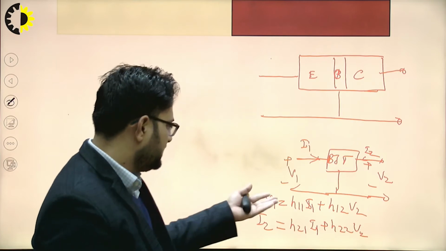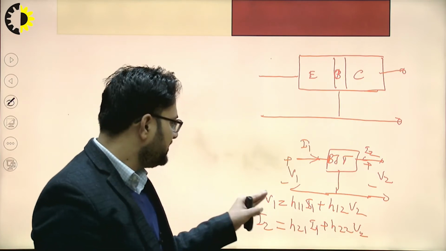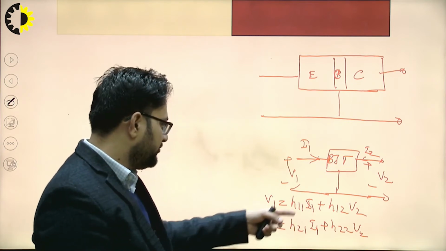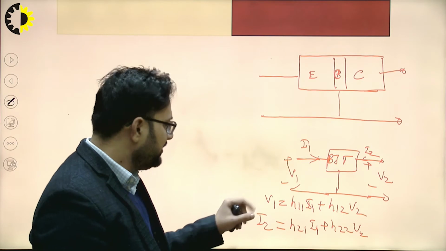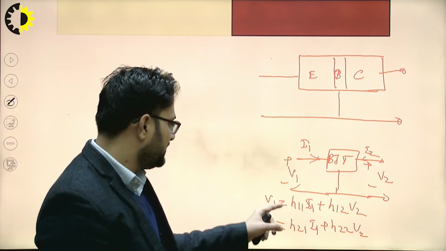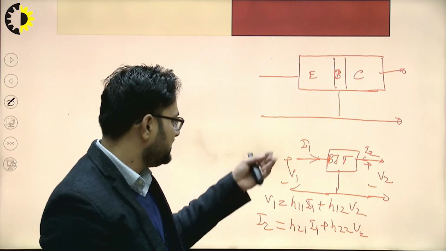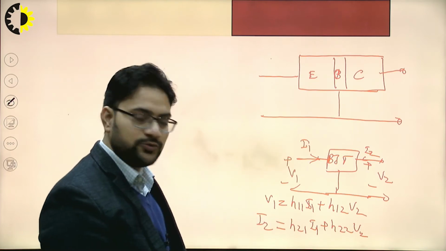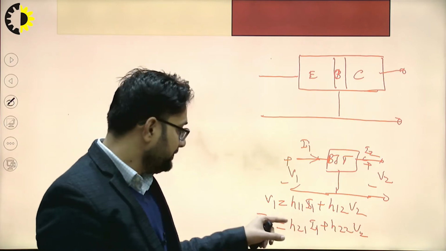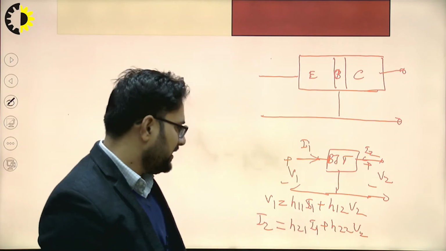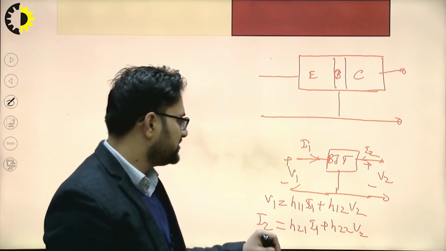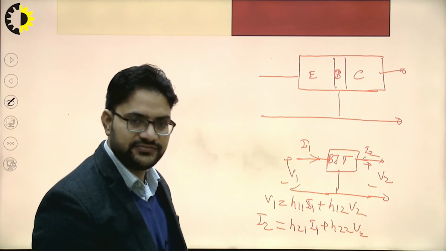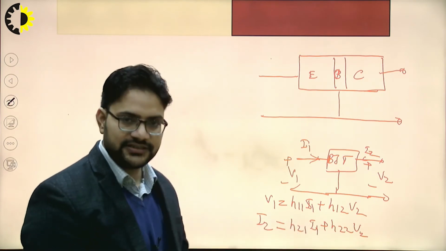Here H11 is equal to V1 divided by I1, keeping V2 equal to 0. H12 is equal to V1 divided by V2, keeping I1 equal to 0, that is, input port current equal to 0. Next, H21 is equal to I2 divided by I1, keeping V2 equal to 0, and H22 is equal to I2 divided by V2, keeping the input current equal to 0.